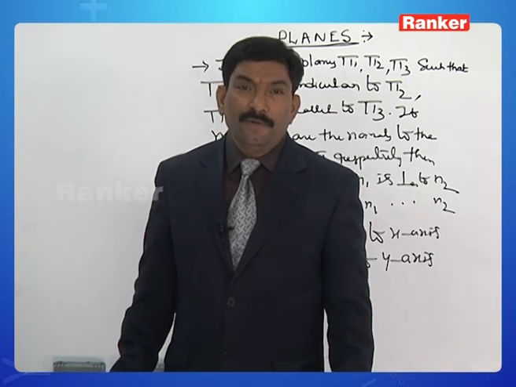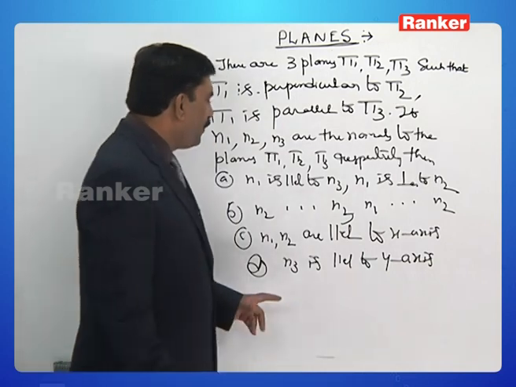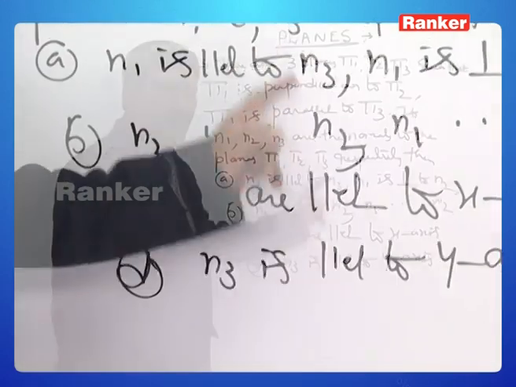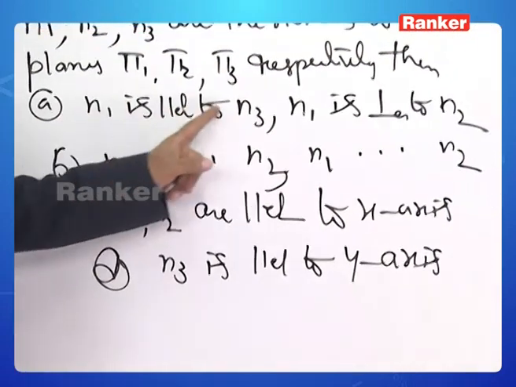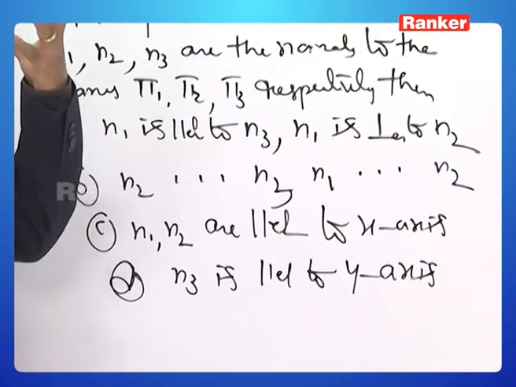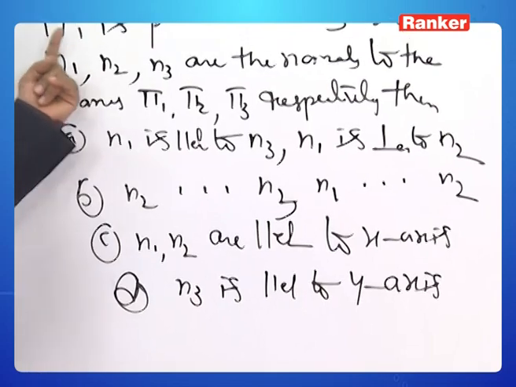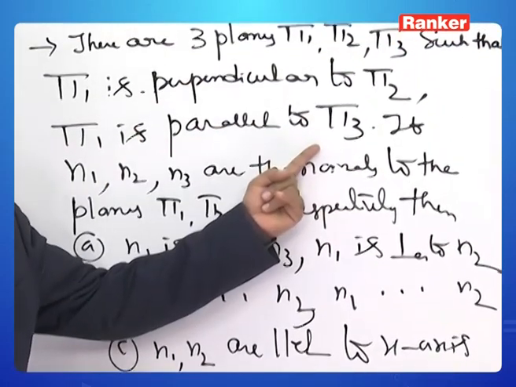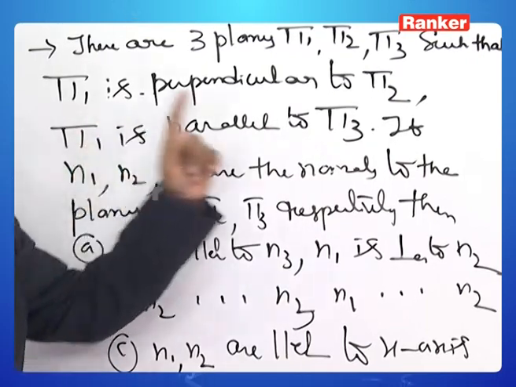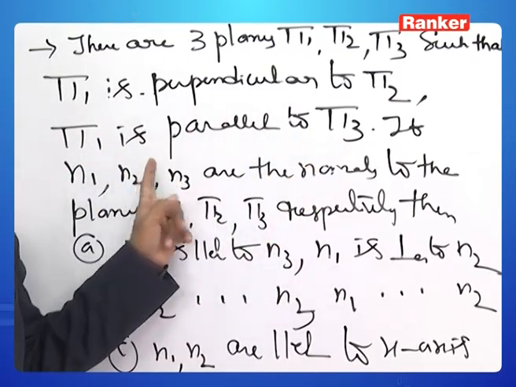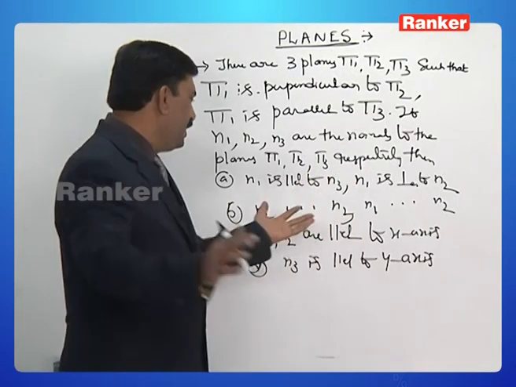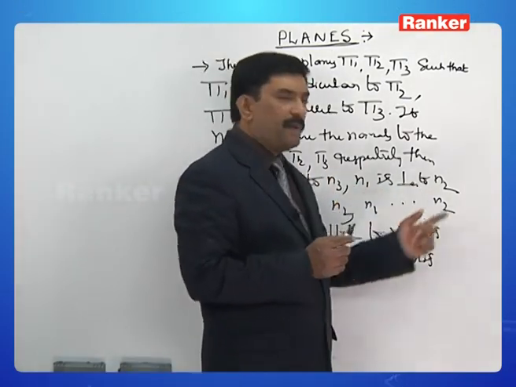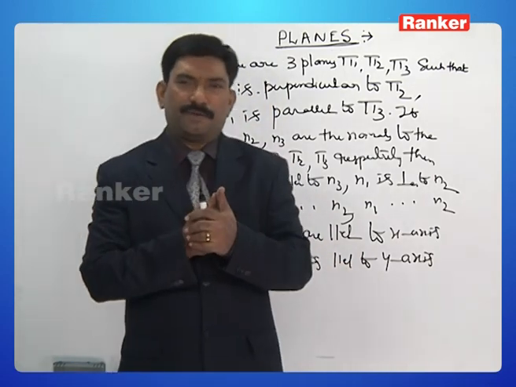Check the options carefully. n1 is parallel to n3, yes, what I told is correct. Plane 1 is parallel to plane 3 means n1 and n3 are normals, therefore parallel to each other. Correct. Let us see, n1 is perpendicular to n2.